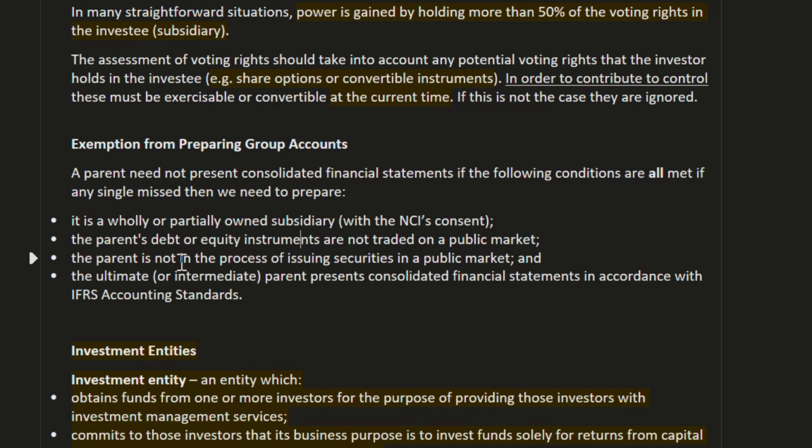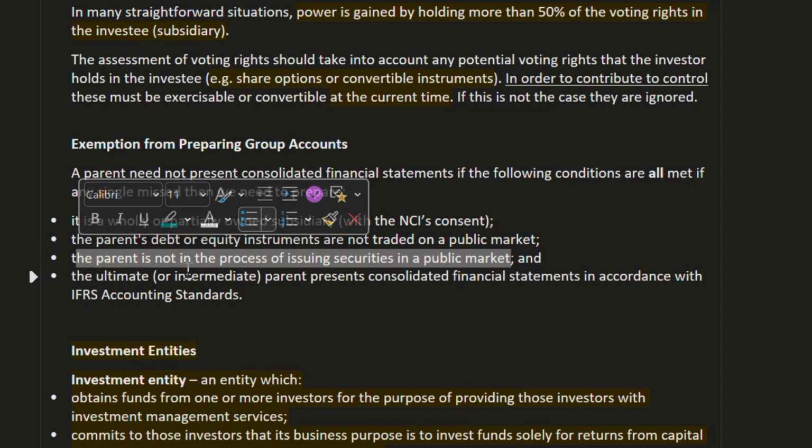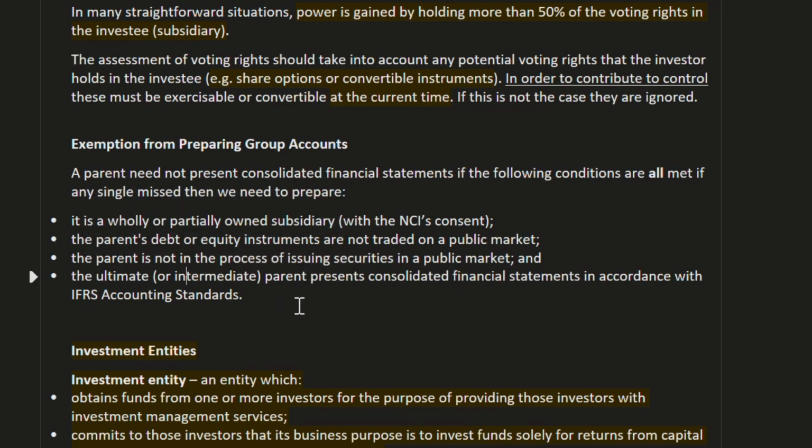The third one is that the parent is not in the process of issuing securities in a public market. Again, same thing: the parent does not have any securities issued in a public market. Now, the fourth one is that the ultimate or intermediate parent presents consolidated financial statements in accordance with IFRS accounting standards.